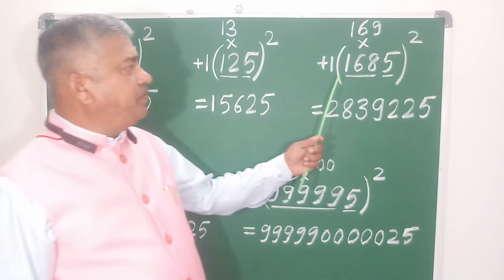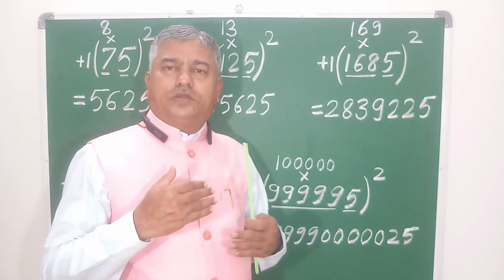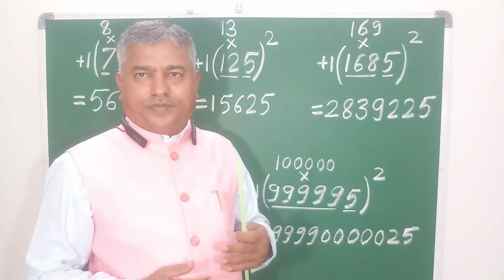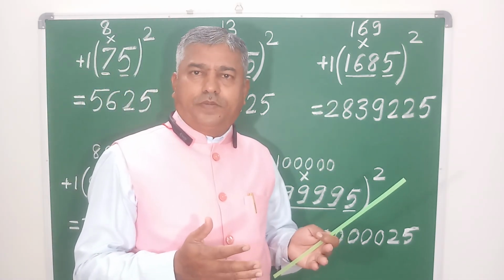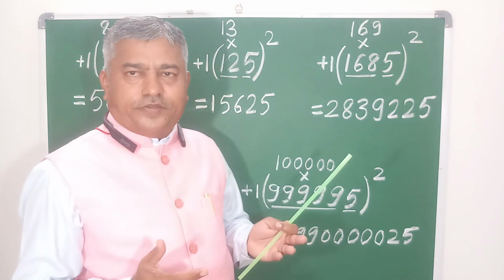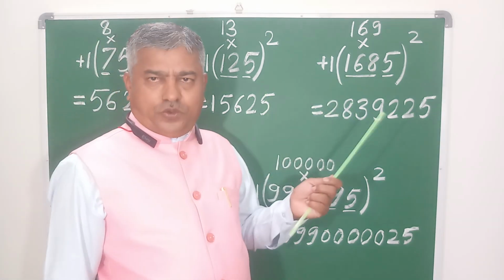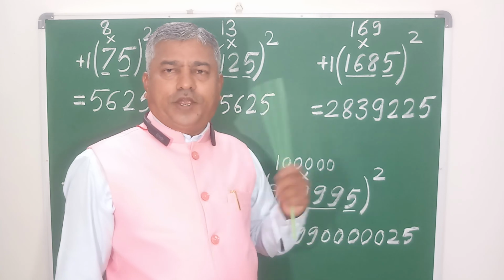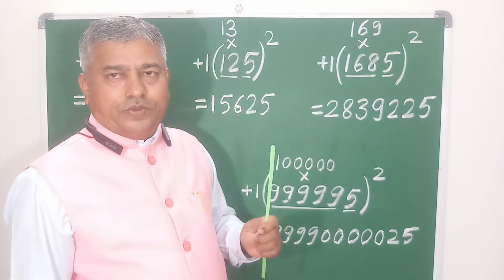In the same way, let us see another example, the third one. Here in the third, I have taken a still bigger number. Here it is in thousands, meaning 4 digits: 1685 squared. We have to find the square of 1685.